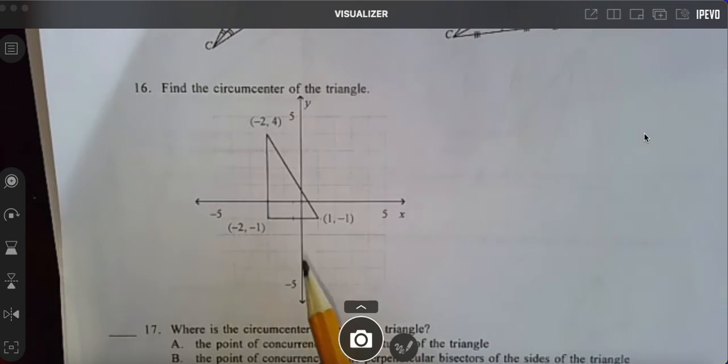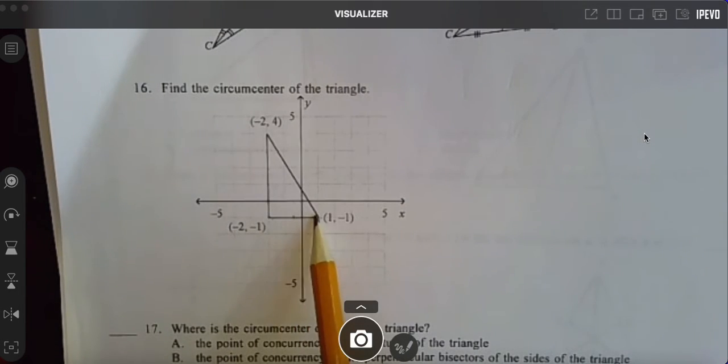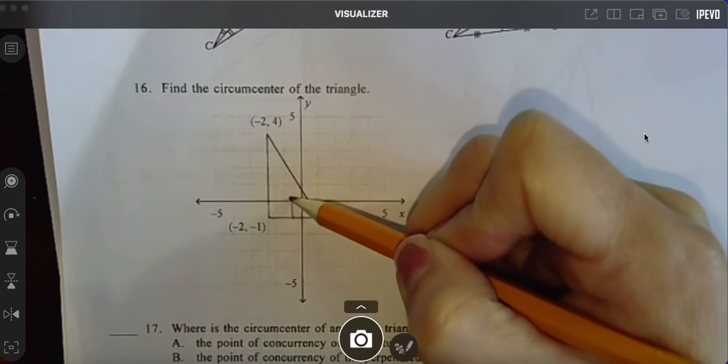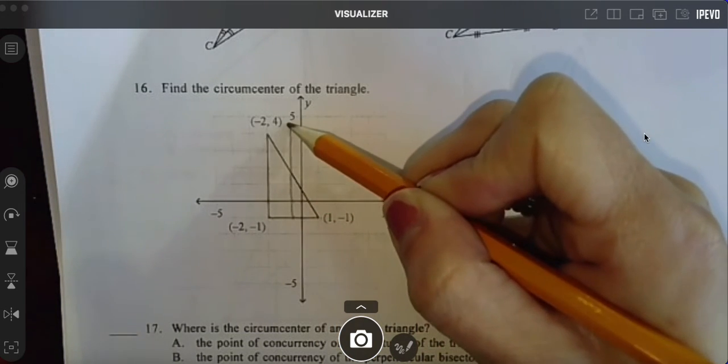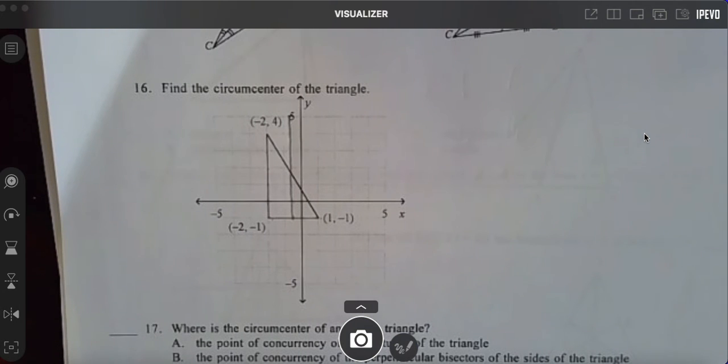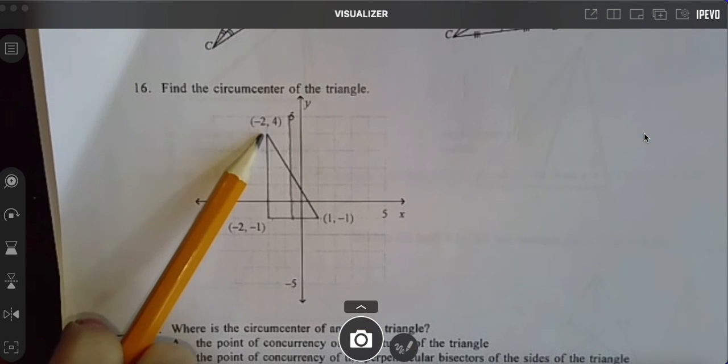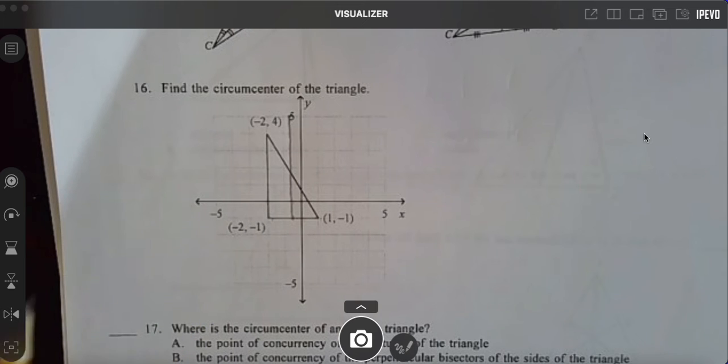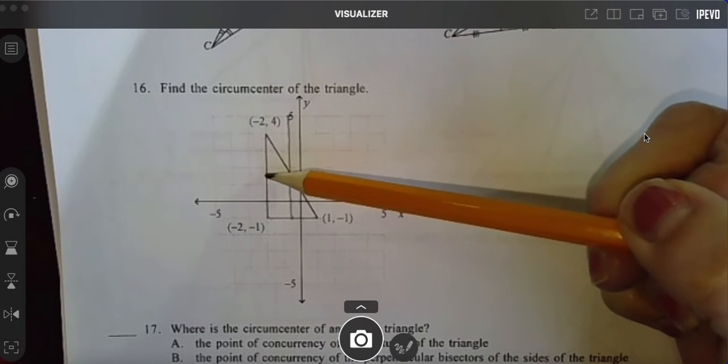Okay? So, anyway, this one has 1, 2, 3 squares. So, what's half of 3? 1.5. So I'm going to go over 1.5 and I'm going to draw a line through it. Now let me find half of this other side, the middle. 1, 2, 3, 4. I have 5 squares. So what's half of that? 2.5.